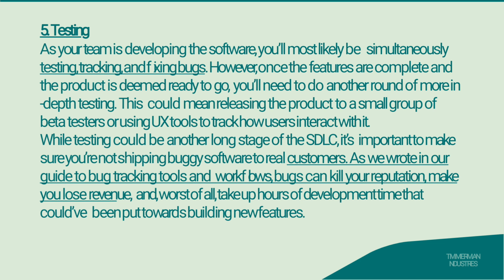While testing could be another long stage of the SDLC, it's important to make sure you are not shipping buggy software to real customers. As we wrote in our guide to bug tracking tools and work, bugs can kill your reputation, make you lose revenue, and worst of all, take up hours of development time that could have been put towards building new features.